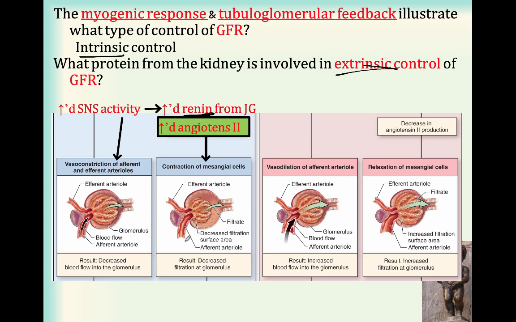And so the increased renin means increased angiotensin 2 coming out of the lung. And that increased angiotensin 2 is going to cause a contraction, and we end up with a decrease in filtration, because angiotensin 2 is a potent vasoconstrictor.